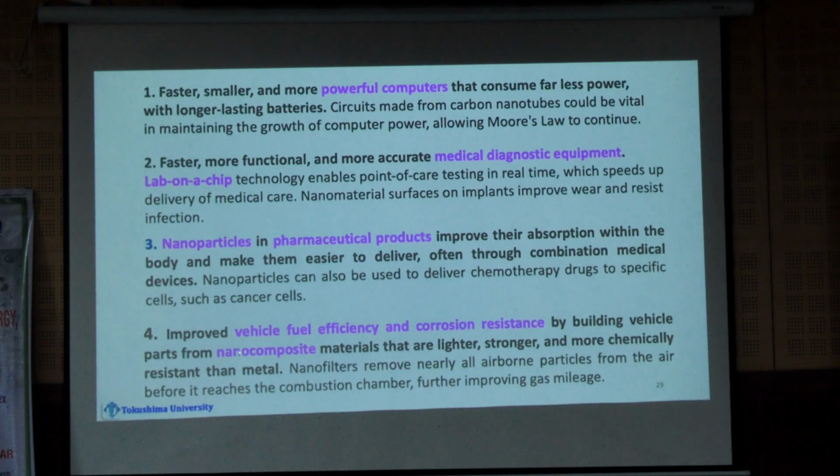Then automobile is the next example where carbon, or we have seen, while making tires, carbon nanoparticle is already used. Similarly, a composite type of nanomaterial that has lighter weight, stronger strength, and is more chemically resistant than the metal. It is a replacement to the traditionally used metal.